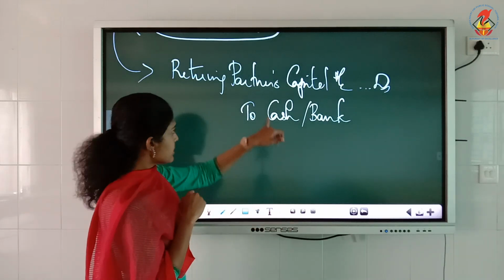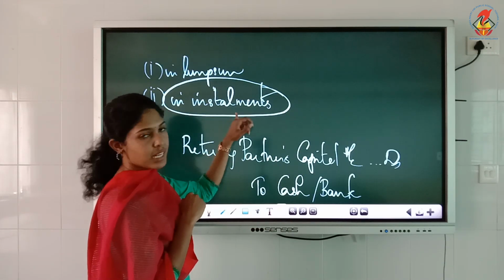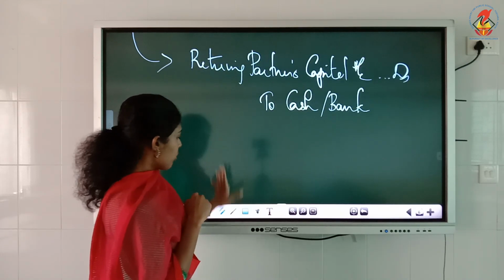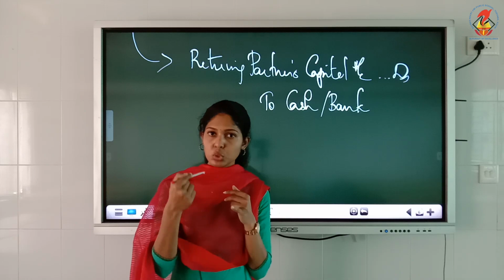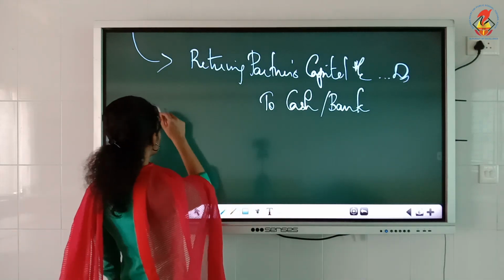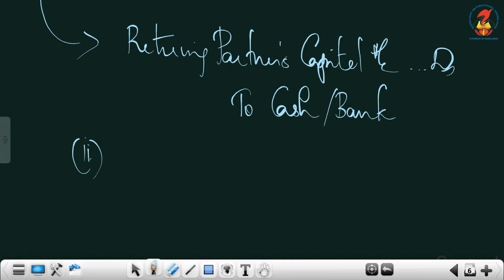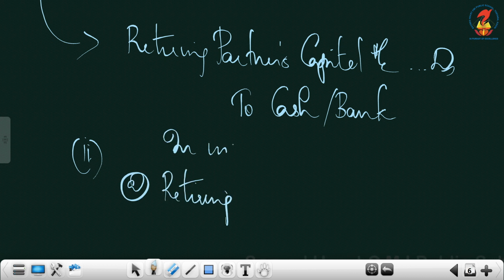The next is when you pay in installments, there is only one L, just write it carefully. Okay, when you pay in installments, the first step is you will transfer to loan account. So, the first journal entry, the second subheading, the first journal entry, it is, this is in installments, okay.